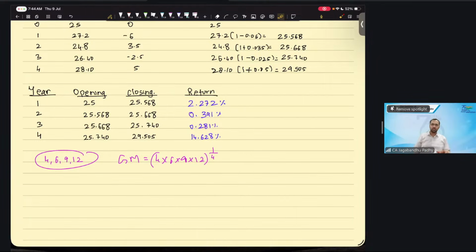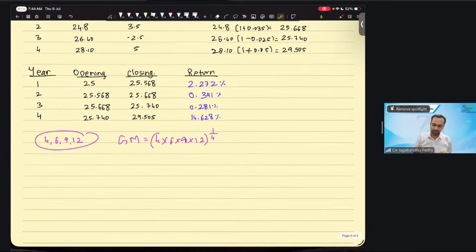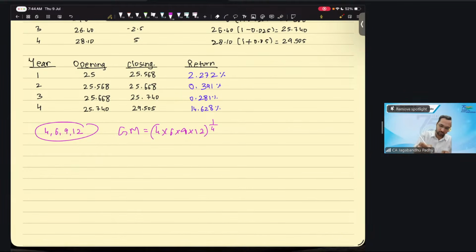So when it comes to geometric mean returns, it's going to be calculated as 1 plus return for the first period into 1 plus return for the second period into 1 plus return for the third period into 1 plus return for the fourth period, and then this entire thing will be raised to 1 by 4.